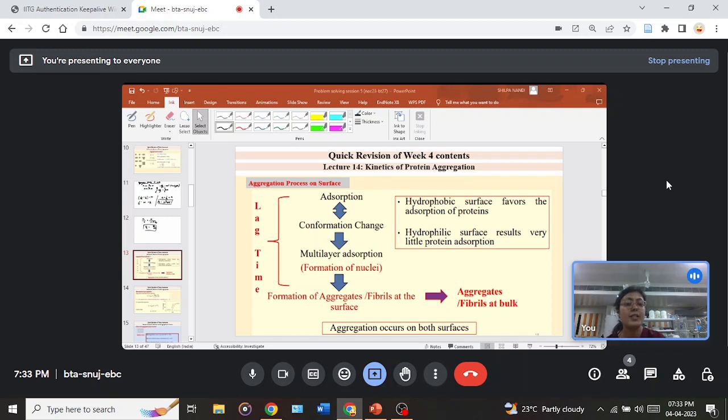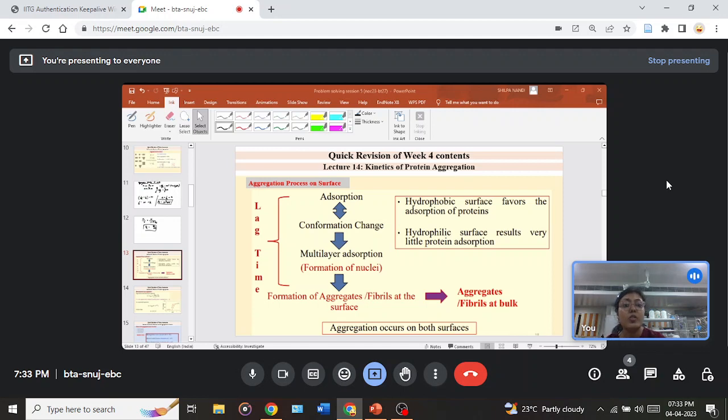So again in this case also during the lag time we have these processes or events, that is adsorption, conformational changes and nucleation, whereas the aggregation process does not occur during the lag time.